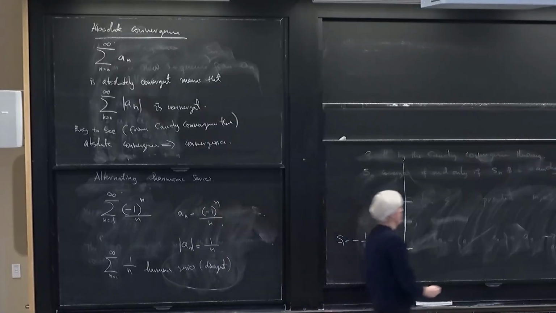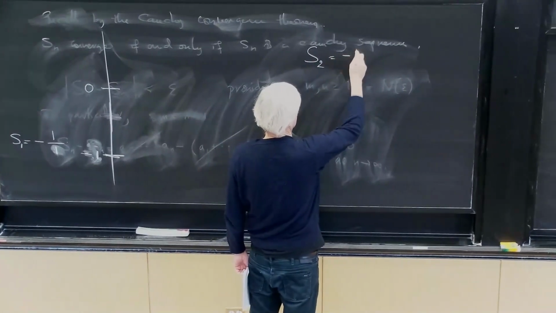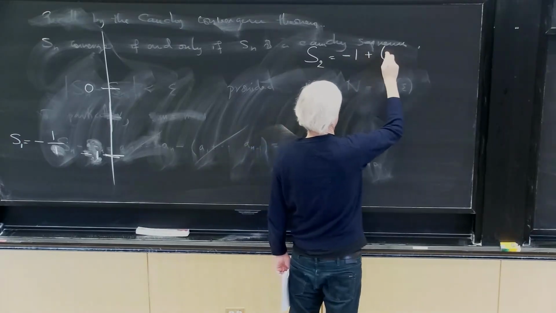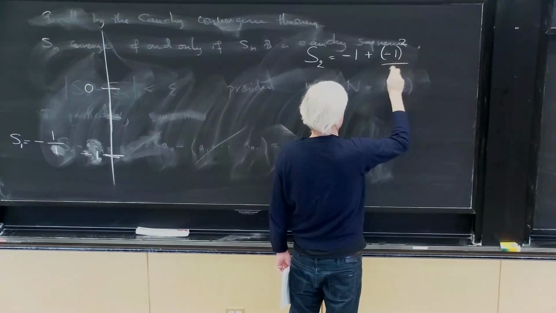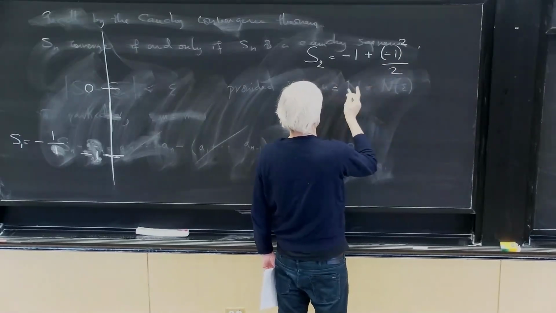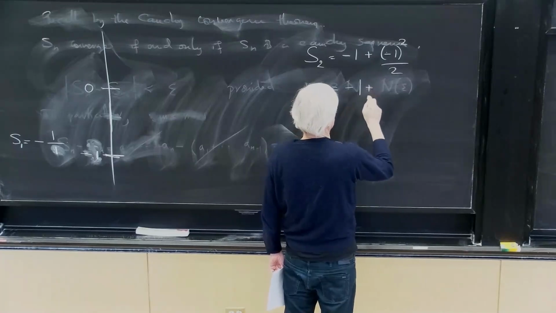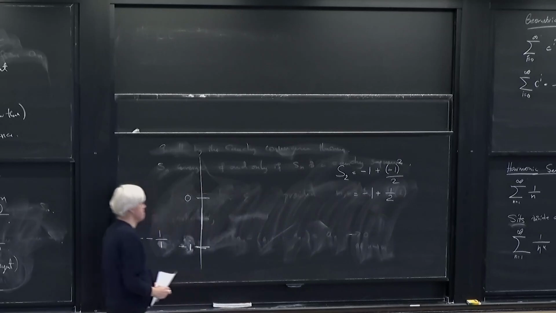And so the next element is S2, but S2 is minus 1, that was the first element, and then plus (-1)^2 over 2. You would be tempted, but don't add them at this stage, just look at it like this.